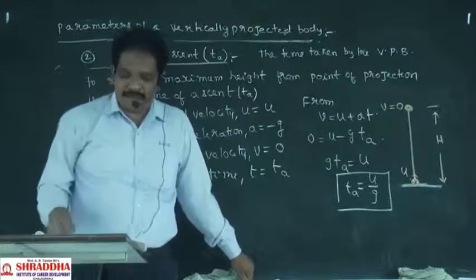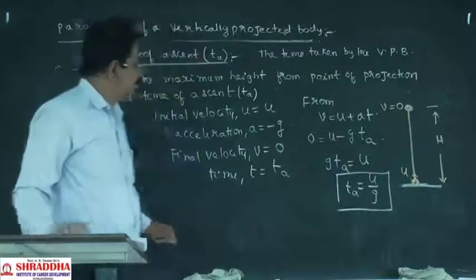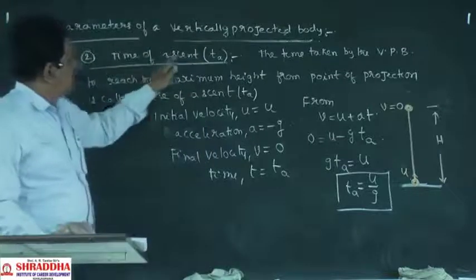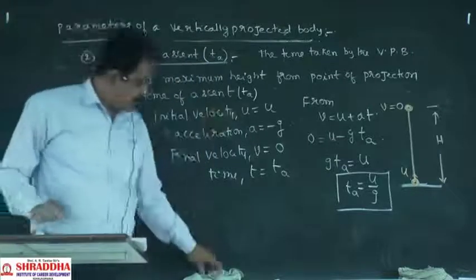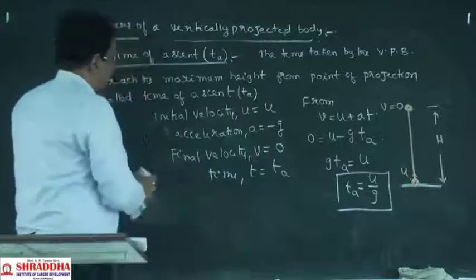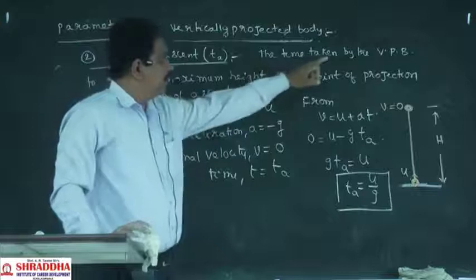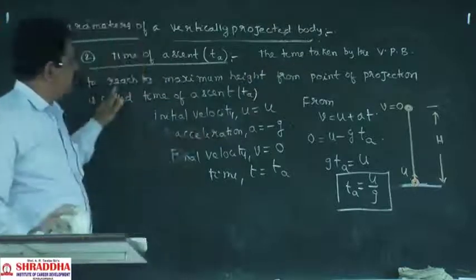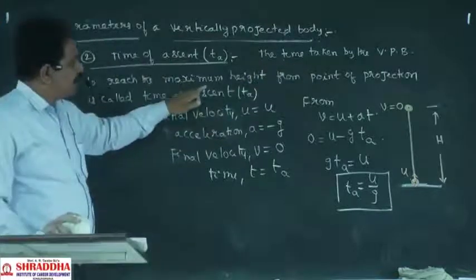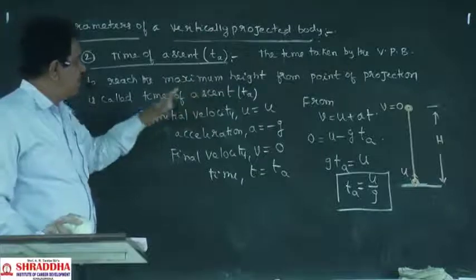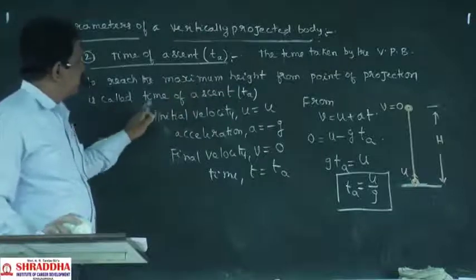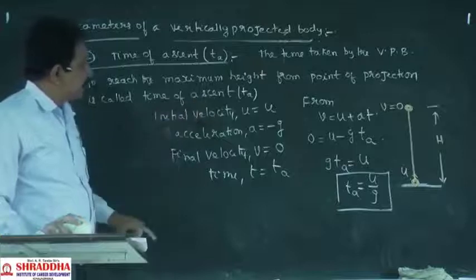Next, what is the time of descent? Understood? The time taken by the vertically projected body to reach the maximum height from the point of projection is called the time of ascent.